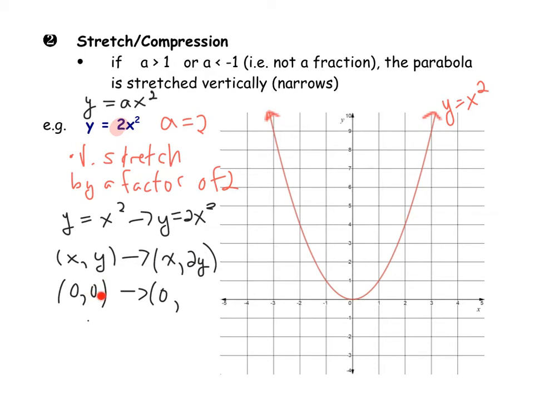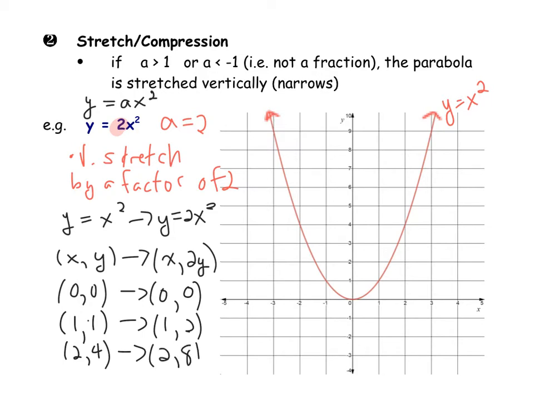But when I multiply 0 by 2, then I still get 0. And so on and so forth. So 1 and 1 will transform into 1 and then 2. 2 and 4 is then going to become 2 and 8. And I think I have enough nice coordinates to graph, so I'm going to go ahead and plot that.